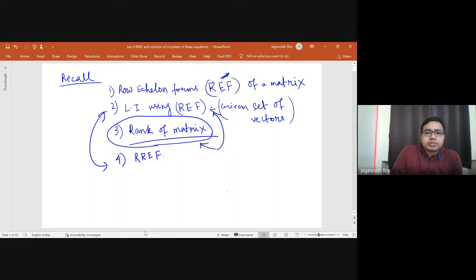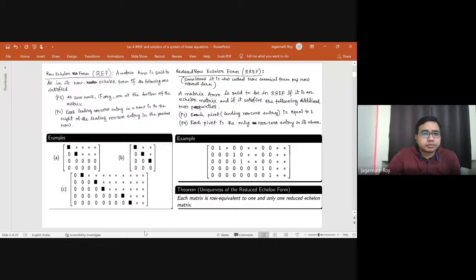It can be used in several engineering applications also. This concept will be repeated, maybe not in mathematics alone. If you try to solve some mathematical model in your engineering problems, you will see this idea of the rank of a matrix coming up.